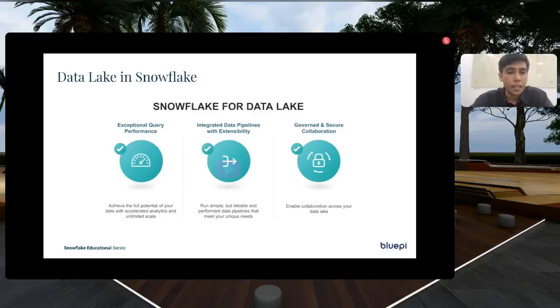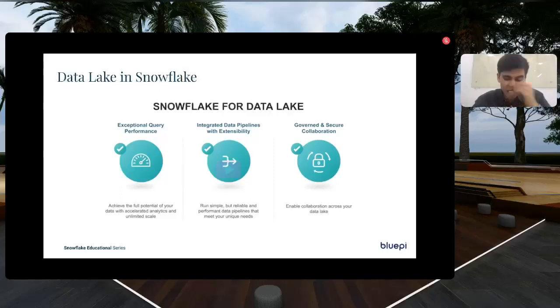Then governance and secure collaboration. How this is easily achievable by Snowflake is for a very simple reason, because in Snowflake you will not have multiple hops of your data. All of your data, your raw data, your conformed data, and even your data warehouse, all will be within Snowflake.